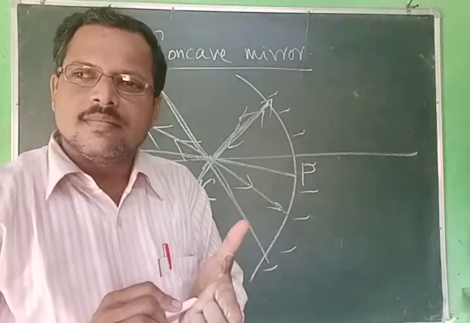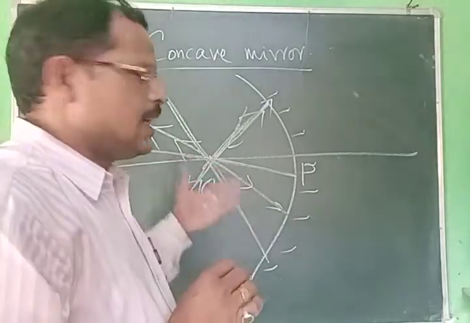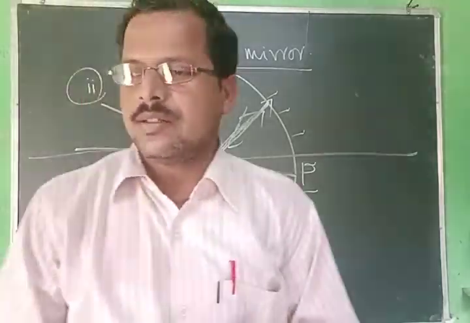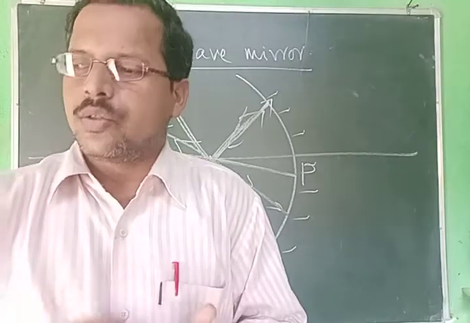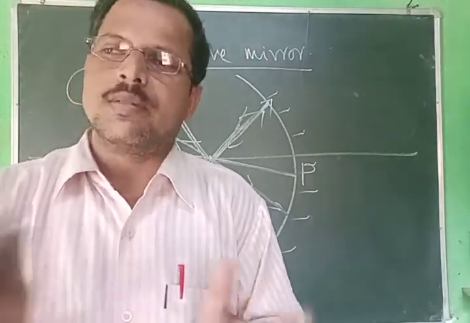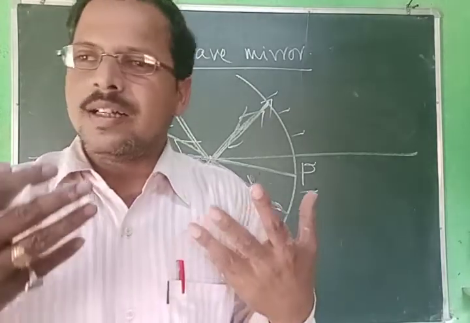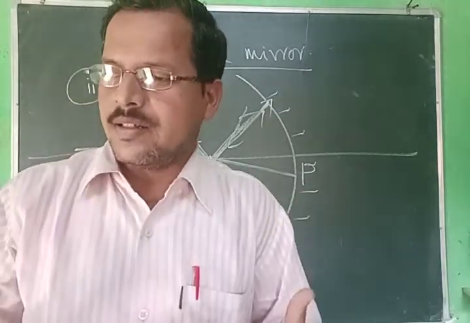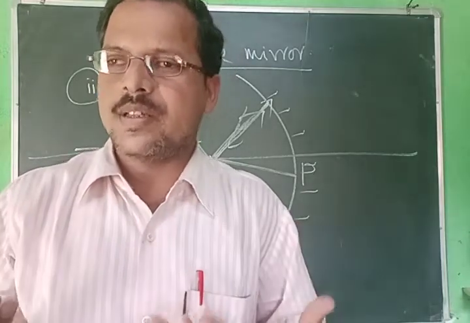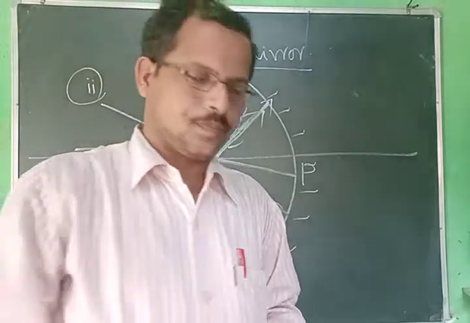Any line which travels, or the rays coming through the center of curvature, will get back through the same path. Or I say the incident ray is the same as the reflected ray. Okay.